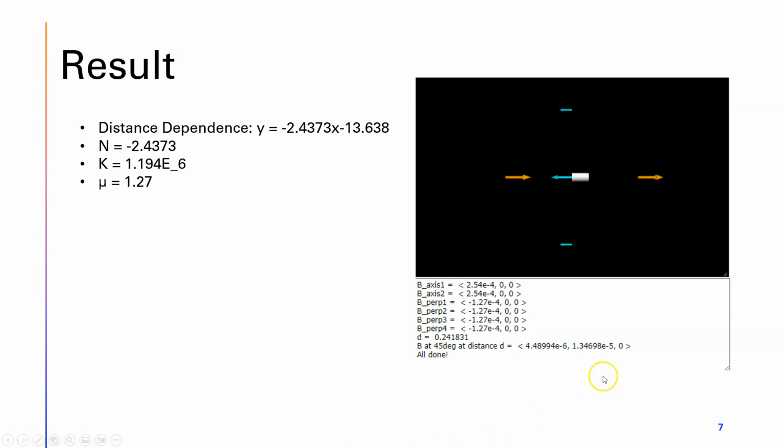And then from this, we can see that our distance is equal to 4.4899 e to the negative 6 and 1.3698 e to the negative 5, a lot different than our actual recorded magnetic field.